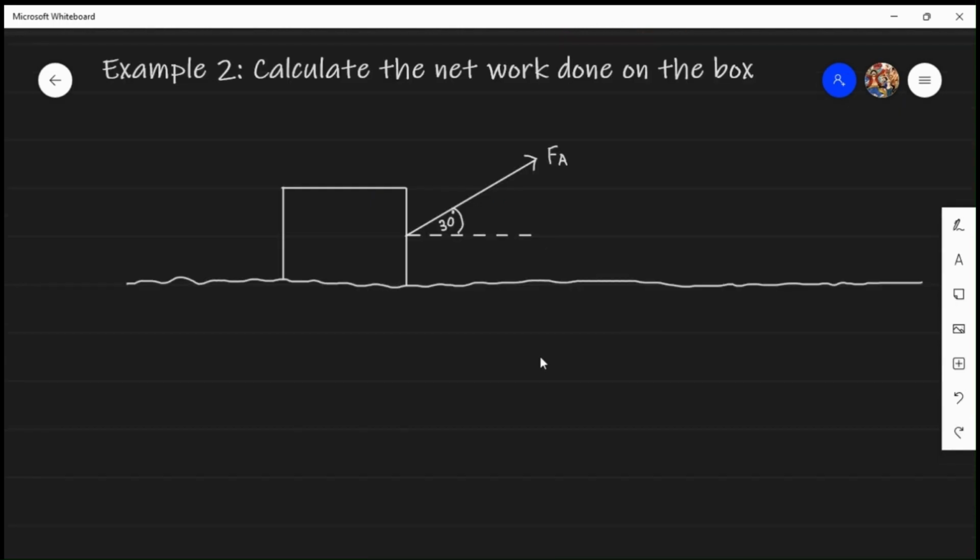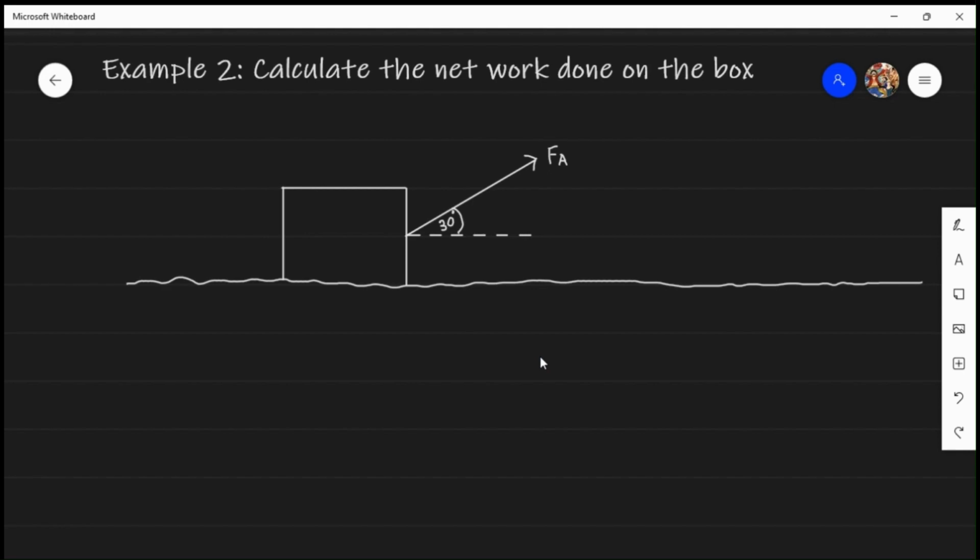Let us do one more example before we end our video for today. In this particular example, we are dealing with a force that is inclined, or at an angle to the horizontal, specifically a 30-degree angle. So how will we deal with our applied force, and how will we calculate the work done by that applied force when it is at an angle?